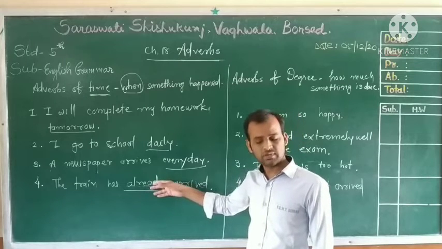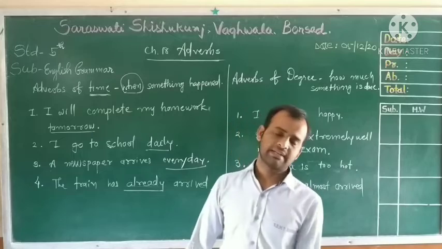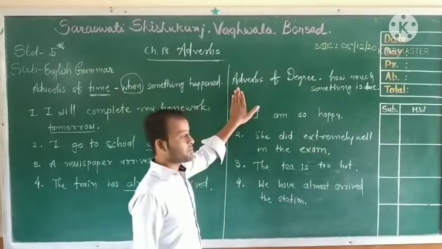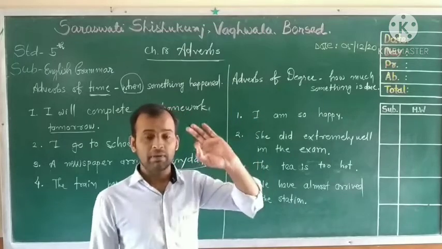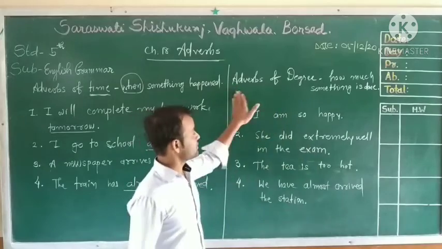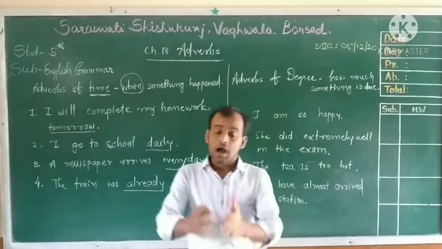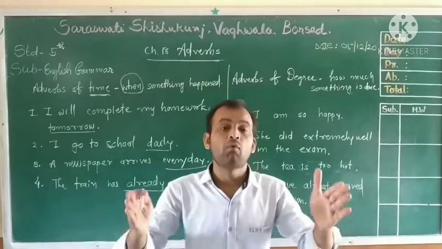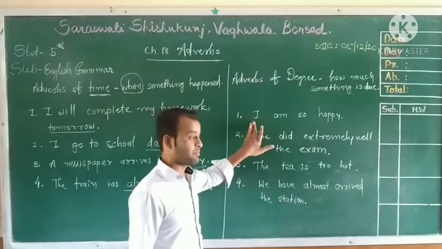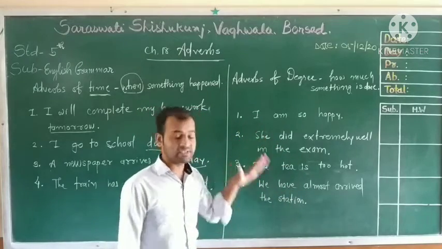Try to remember, dear students. I hope you understand. Let's go for the next topic here, adverbs of degree. So dear students, remember what is called adverbs of degree. Adverbs of degree, it means how much something is done, or to what extent something is done. So here examples are given. You have to identify the adverbs of degree from the statement.